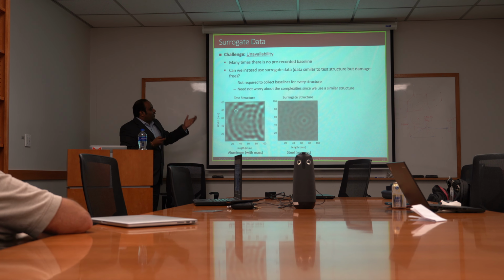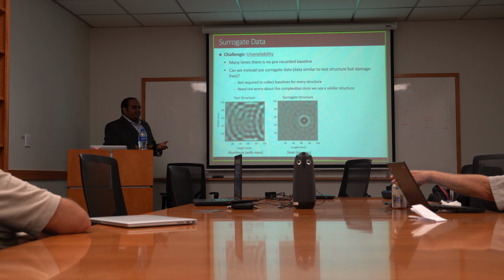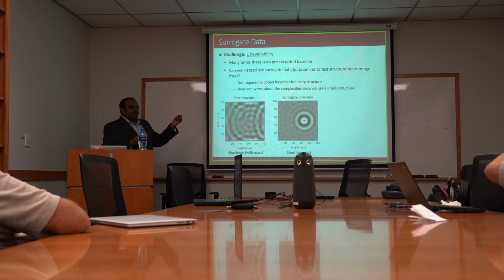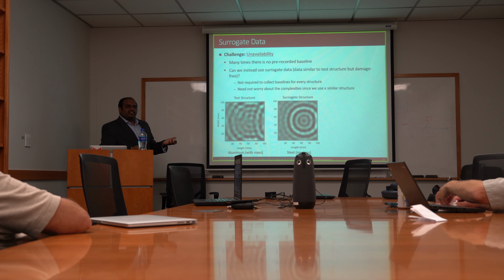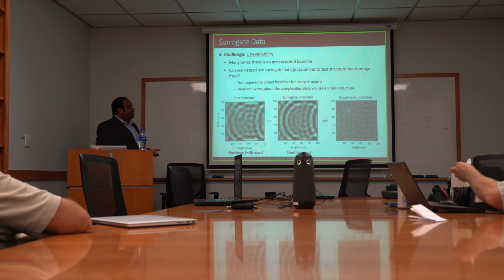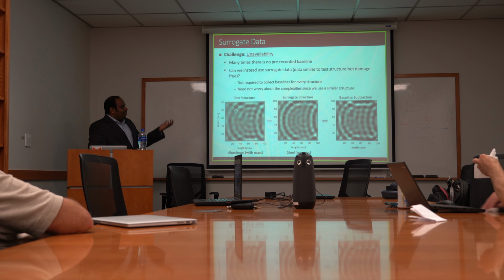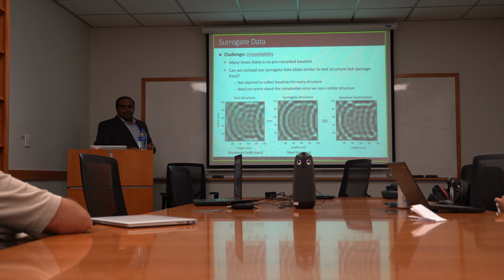And then you have a surrogate structure, another structure with similar boundary conditions but a different material, and we are sure that there is no damage on it. So can we use any other surrogate structure to do the baseline subtraction? Also no. You can still see the baseline subtraction is bad. So we have to deal with unavailability as well.